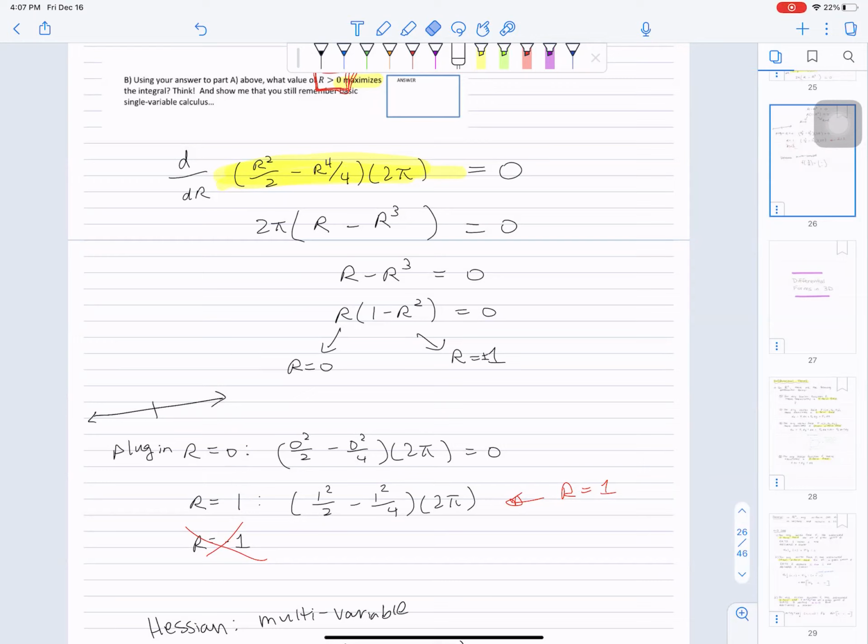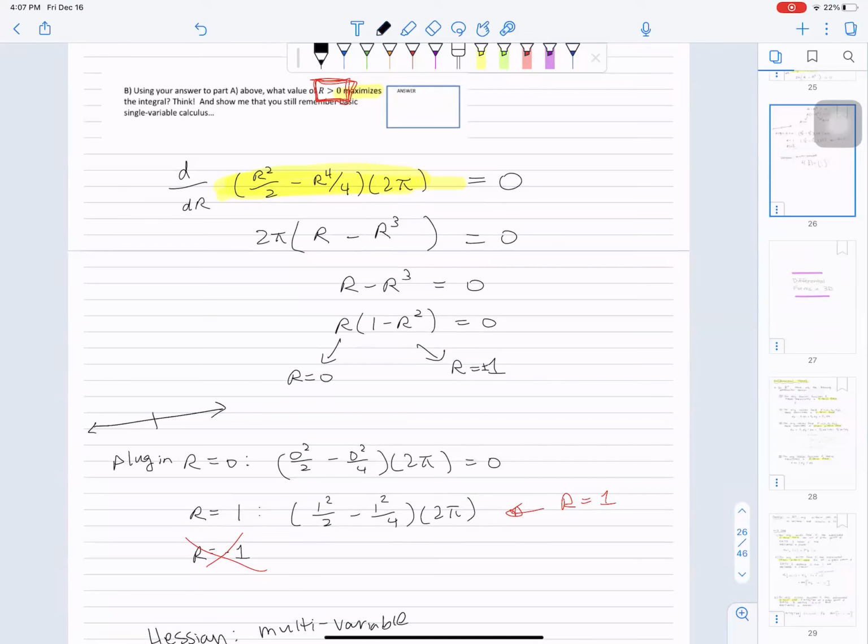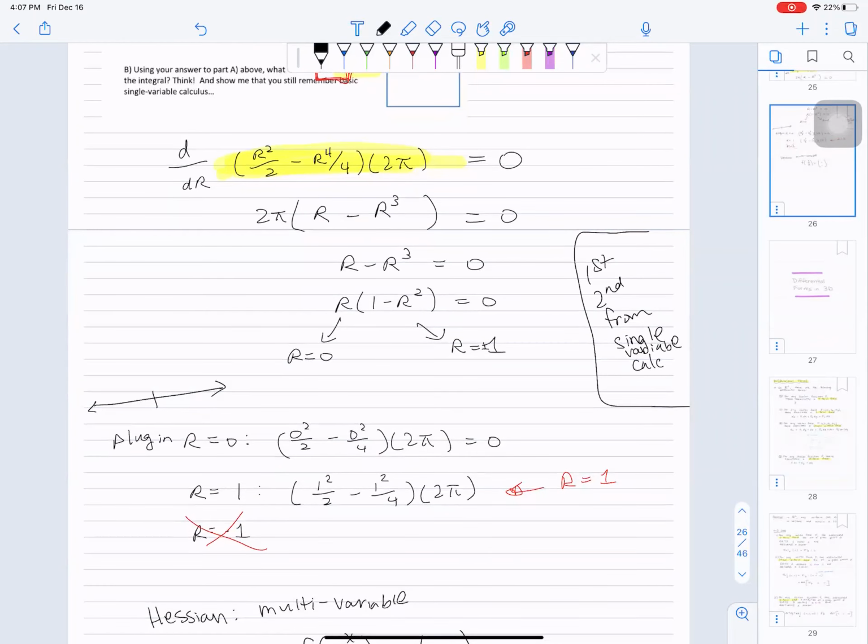You could also do the second derivative test if you wanted to: you would take the derivative again and then plug your values in. So that was the first derivative test and second derivative test from single variable calc. Any questions on that?